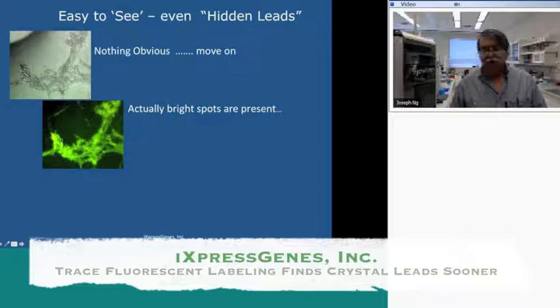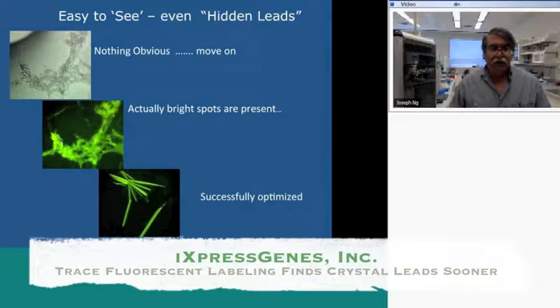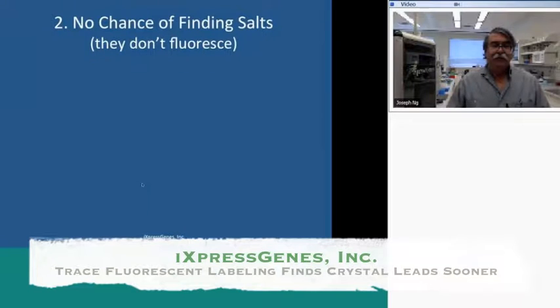So we took these conditions for this protein, which I believe is beta-lactoglobulin, and we optimized on those conditions, and we successfully obtained crystals. So this is one of the advantages of this, that we get these extra conditions that we don't even see, and we expand our leads.